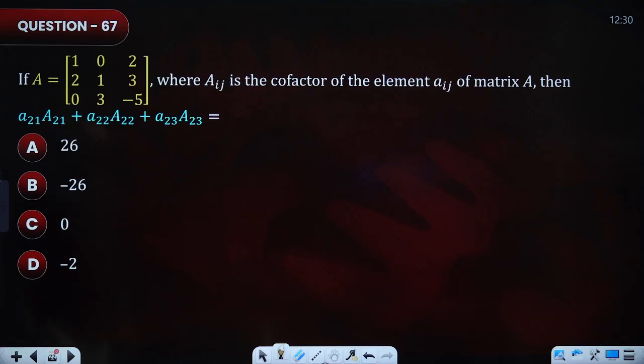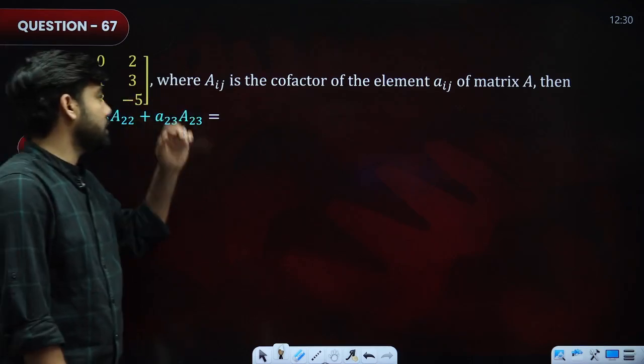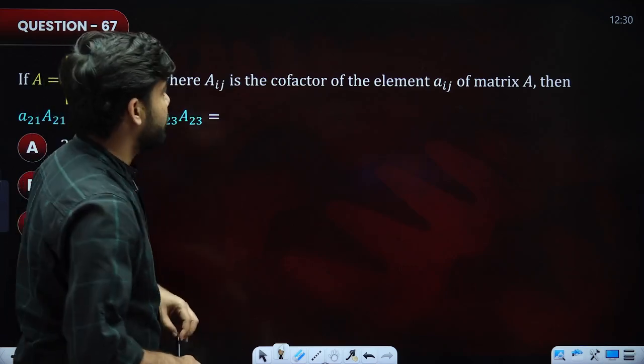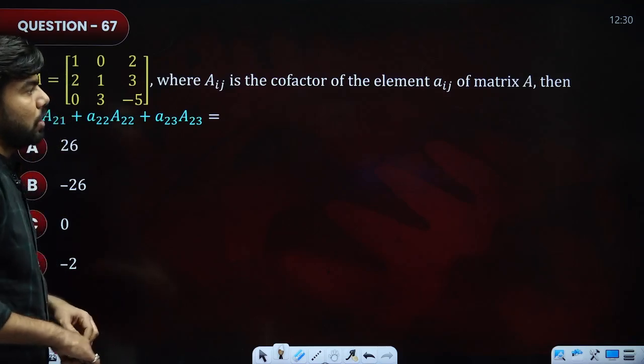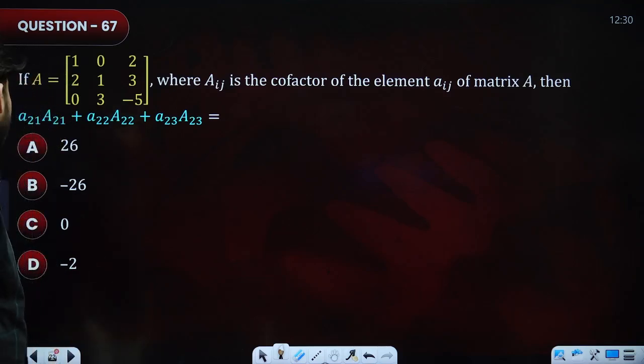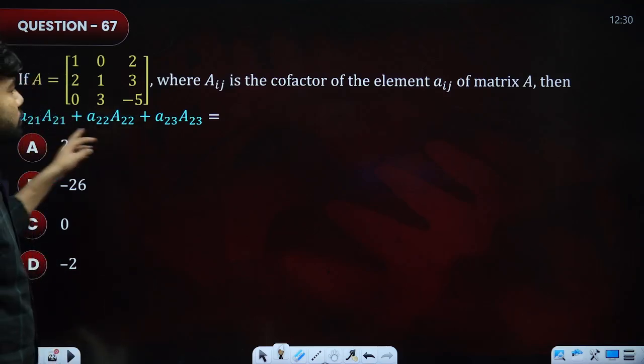In the next question we have, if A is given where Aij is the cofactor of this given element aij of matrix A, then this is equals to what?